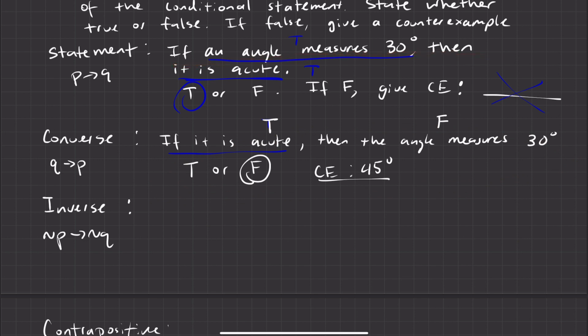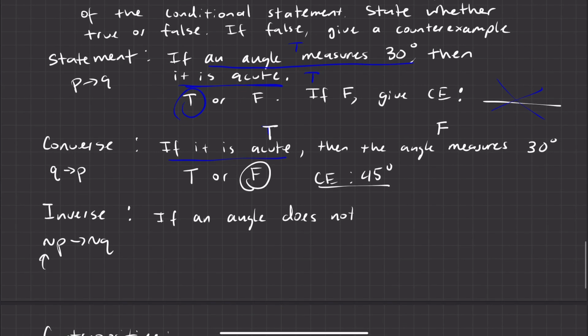I'm going to say, okay, if it's not P, then not Q. I would say if an angle does not, because that's what the negation is. That means to make the statement opposite. If an angle does not measure 30 degrees, then it is not acute.